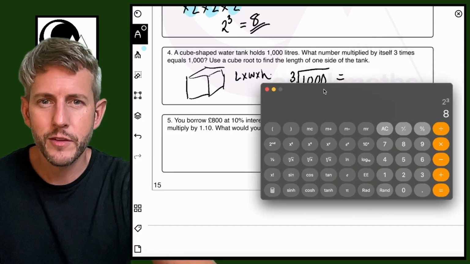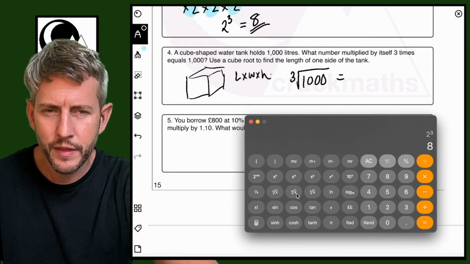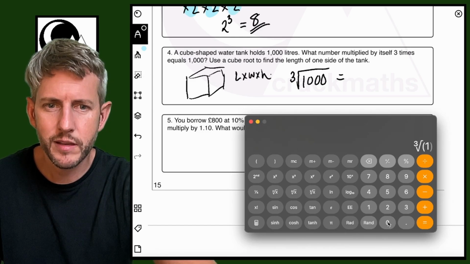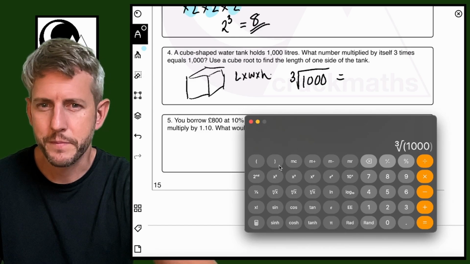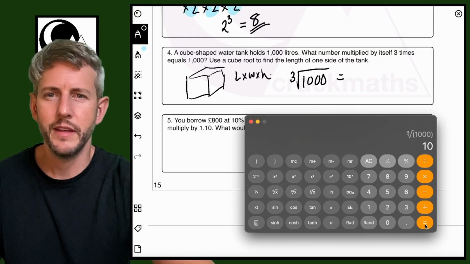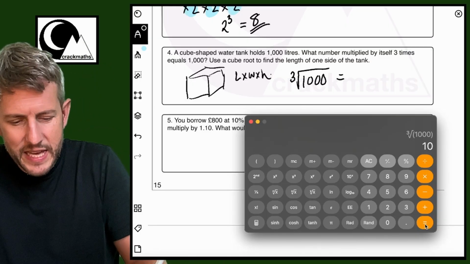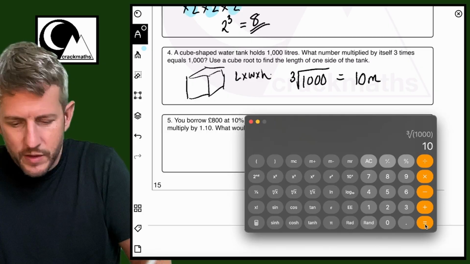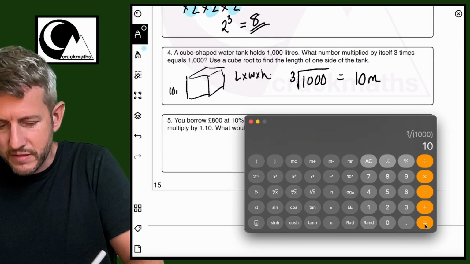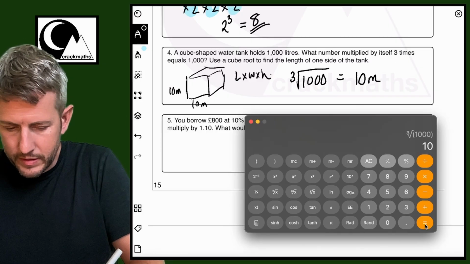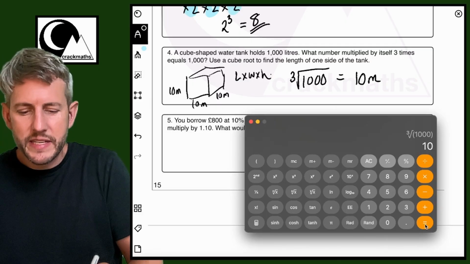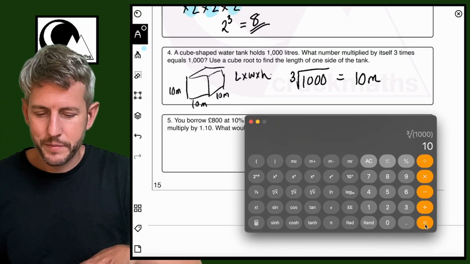Here is our cube root symbol, and then inside that let's stick the 1,000. Here we go, this is going to equal 10. So each side length here is 10 metres. If we did 10 times 10 times 10, we'd get to 1,000.